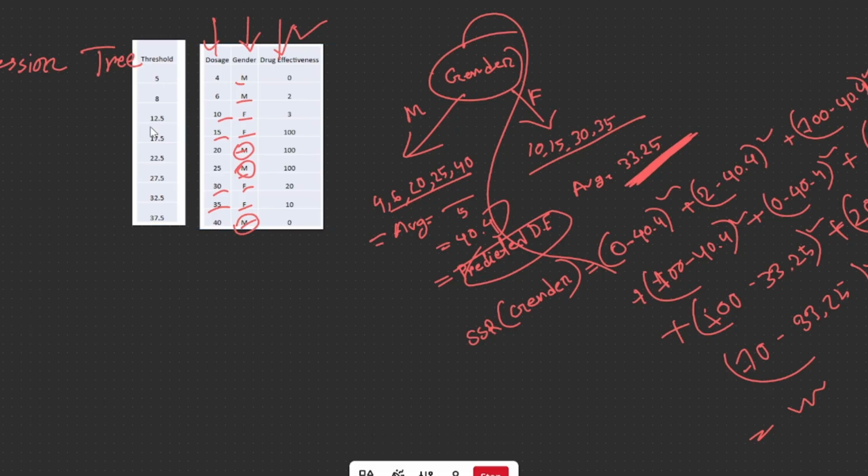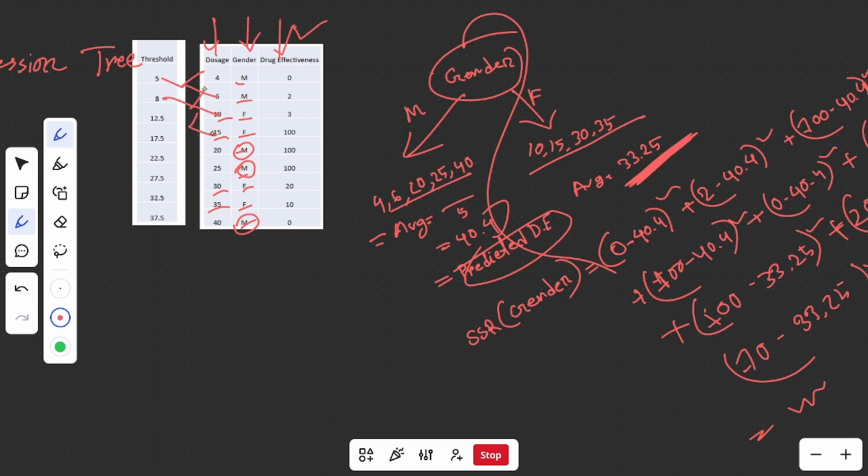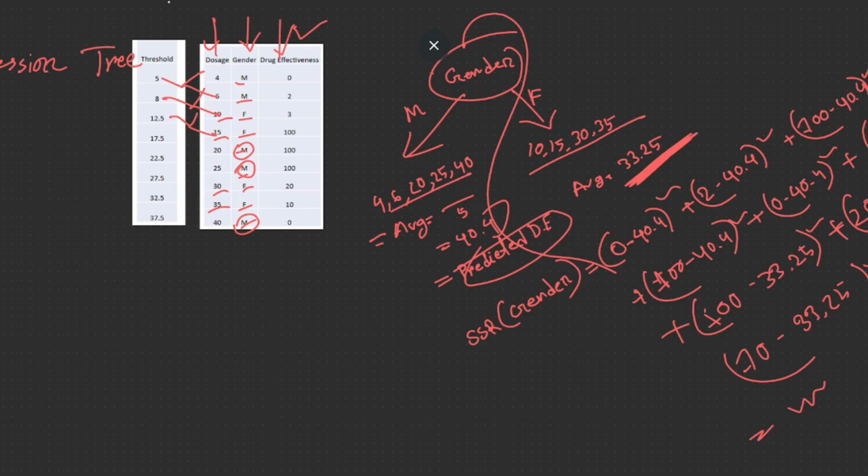Here you can see 4 plus 6 divided by 2 equals 5. 6 plus 10 divided by 2 equals 8. 10 plus 15 divided by 2 equals 12.5. This way I have got these thresholds, and now I will work with the threshold.